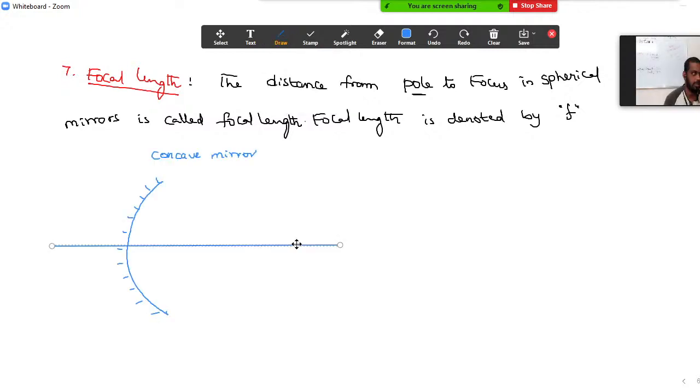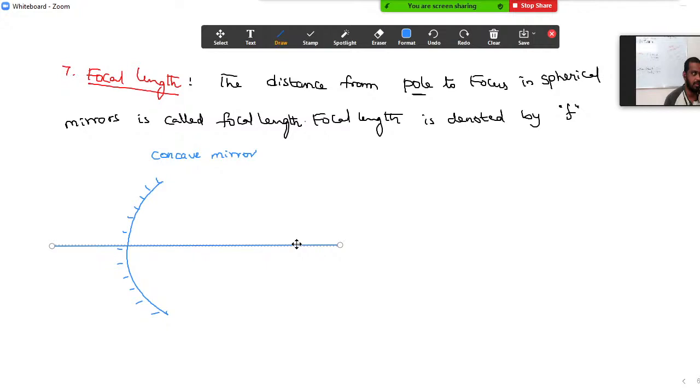Pole, focus, and center of curvature. The distance from pole to focus we should consider as the focal length, and the focal length is denoted by small f. And also I will represent the radius of curvature. The distance from pole to center of curvature is called the radius of curvature. It is denoted by R.